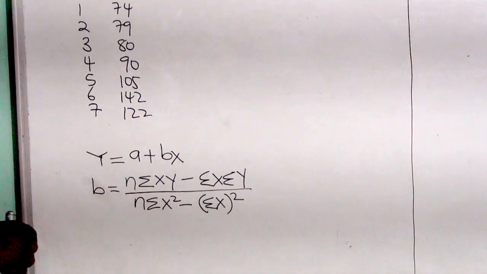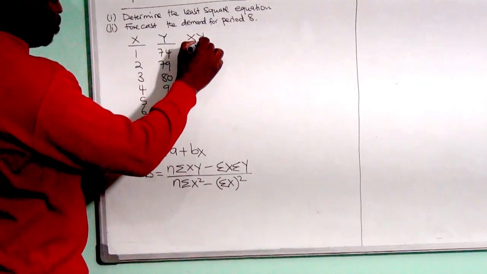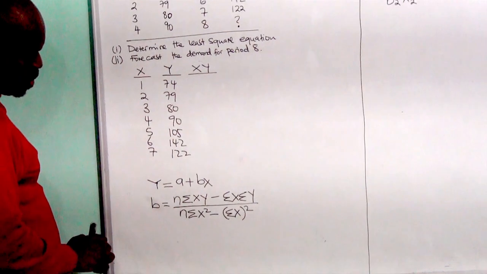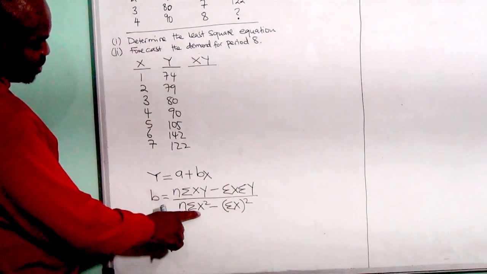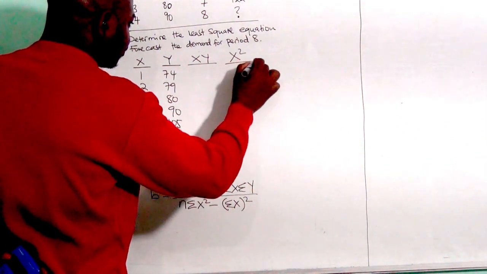This simply entails that I need to have xy here, because I'll need the summation of xy, and then I need summation x squared. So I need my x squared here.